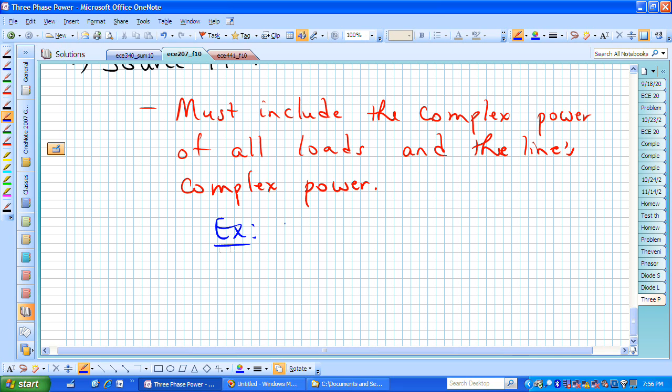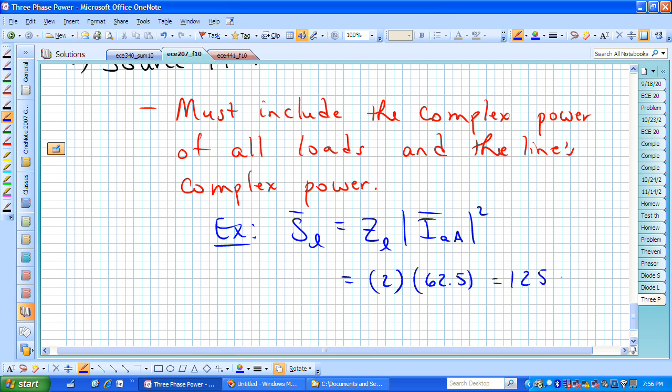In our particular example, the line complex power would be this Z sub L, and again we could just take the magnitude of our line current and square it. For our particular problem, Z sub L was real, it was just 2, and our line current was 7.905, which when squared gave us 62.5, so we are now absorbing 125 watts in each of the phases in the transmission lines.